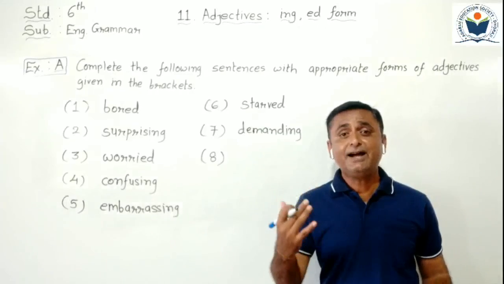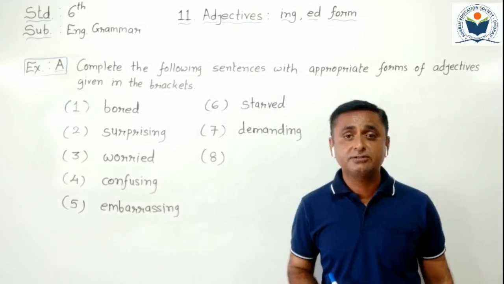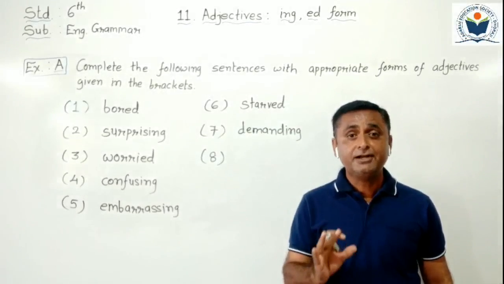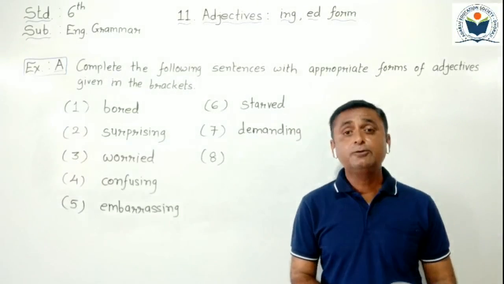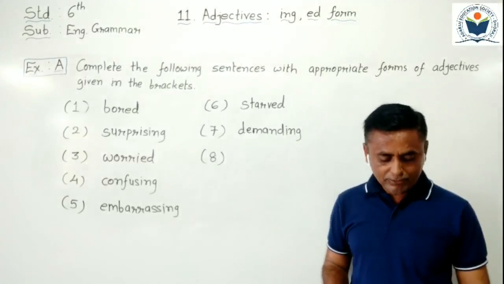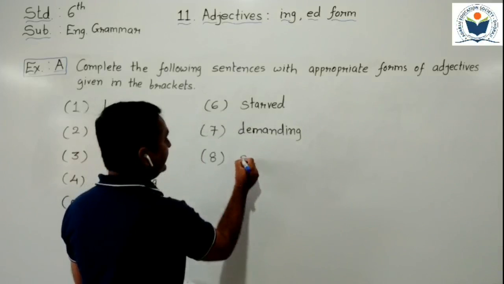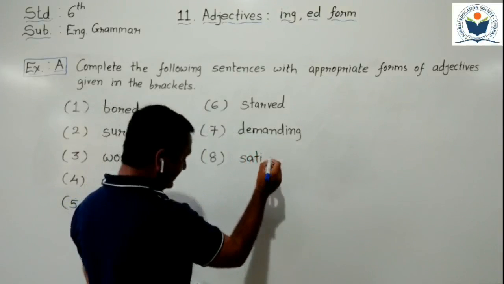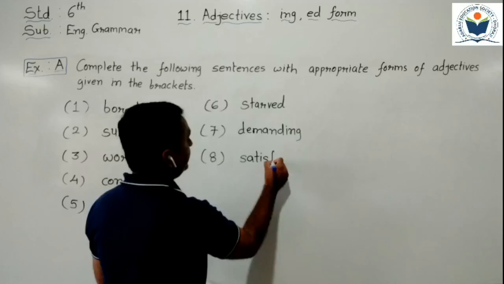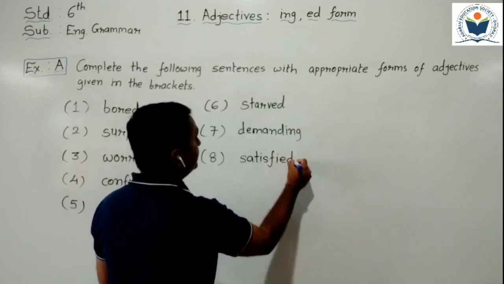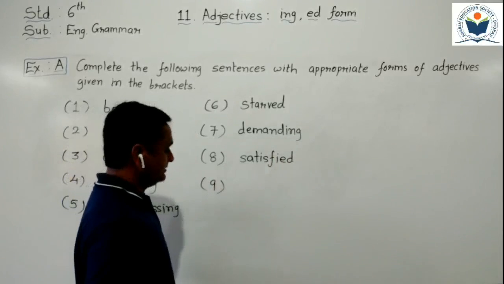Here we are talking about Sally's emotions and feelings, so we put the ed form here. Satisfied, S-A-T-I-S-F-I-E-D. We write satisfied in our blank number 8.